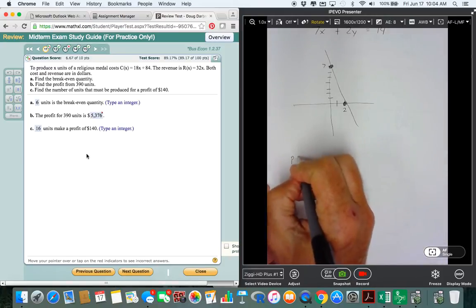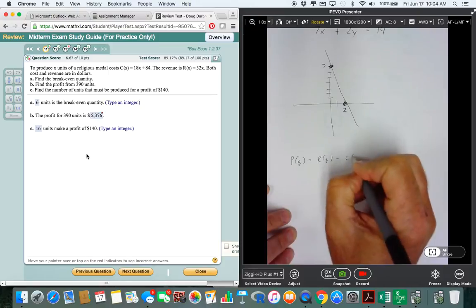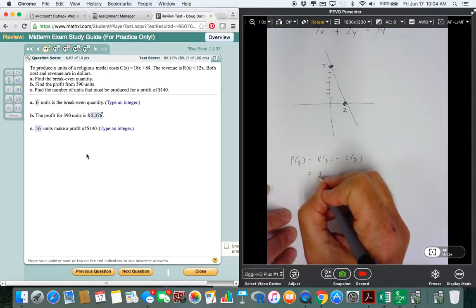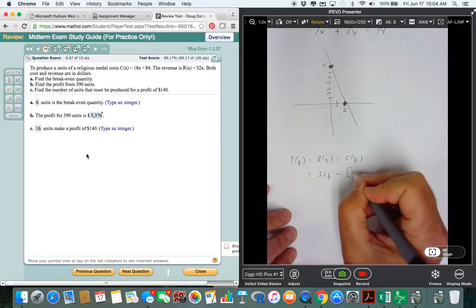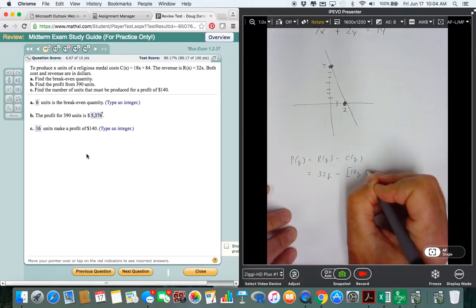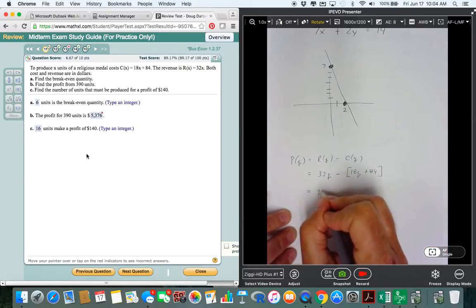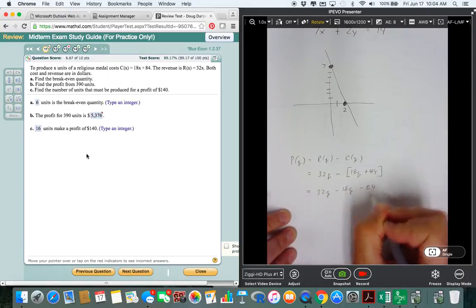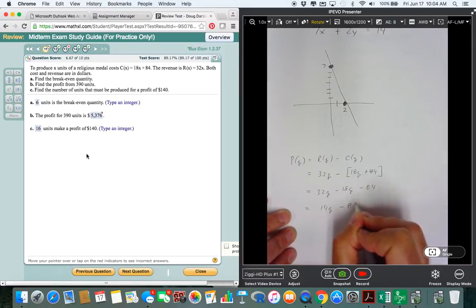The profit is the revenue minus the cost. The revenue is 32Q, the cost is 18Q plus 84, so 14Q minus 84, all right?